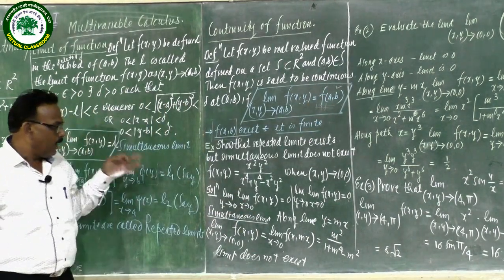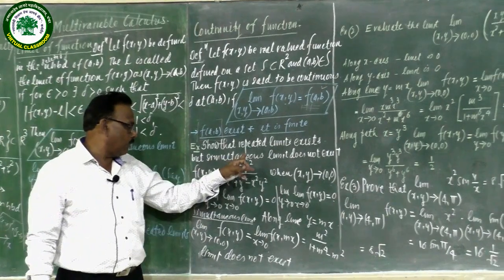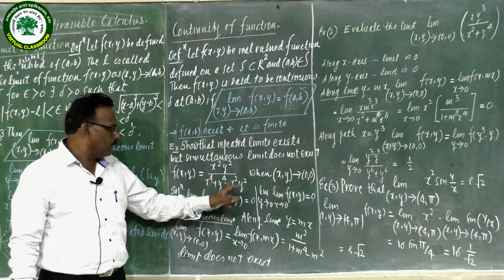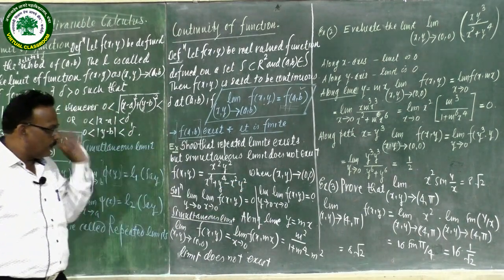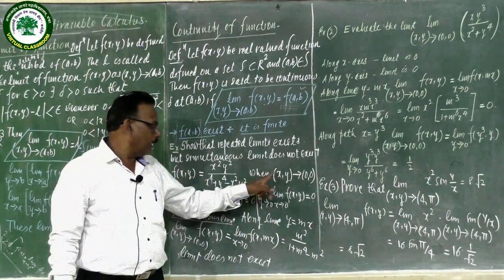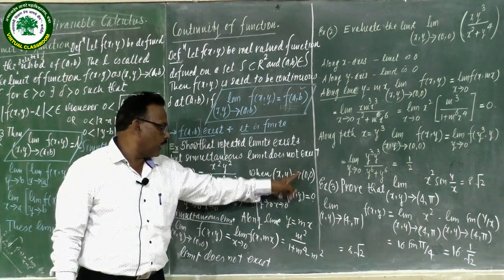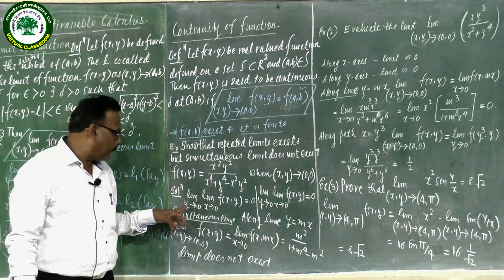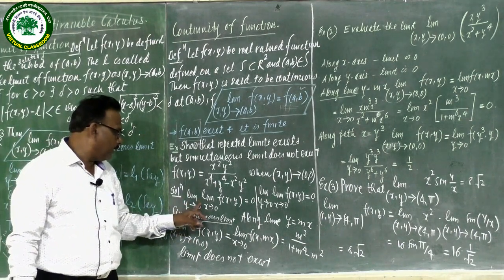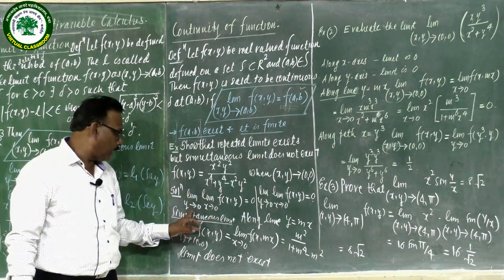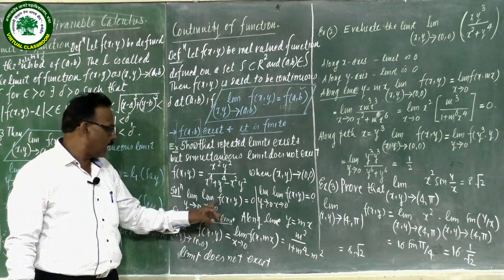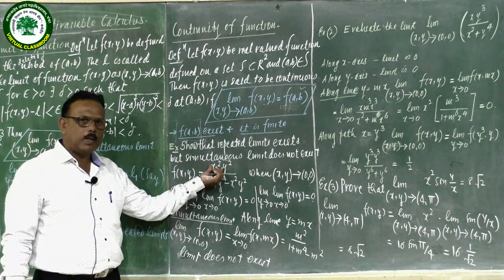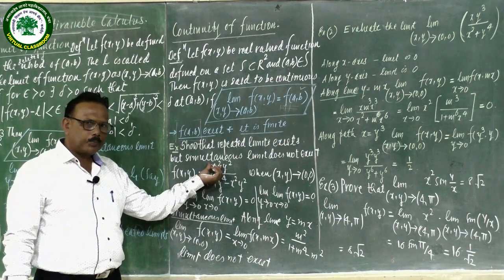Here in this case, f(x, y) is given as x² y² divided by x⁴ plus y⁴ minus x² y². We have to find the limit as (x, y) tends to (0, 0), that means at the origin. While taking a repeated limit, take the limit as x tends to 0, then the limit as y tends to 0. Try to understand here: the numerator is a product of x and y, a function of two variables.